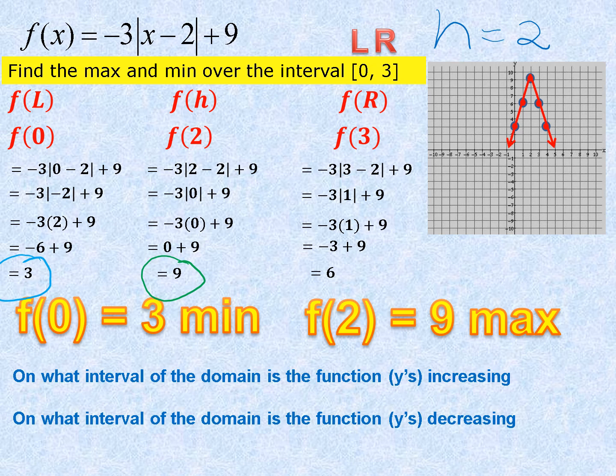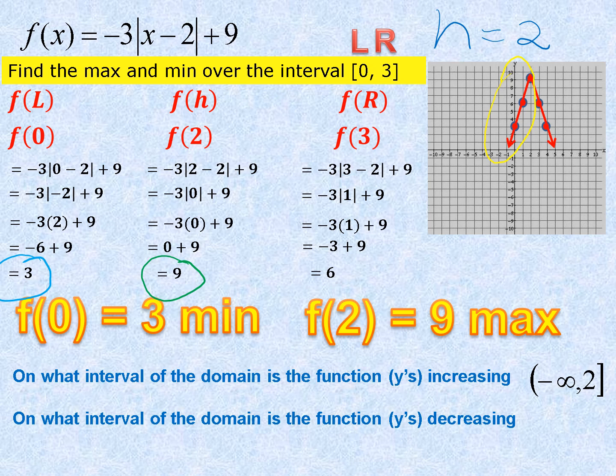So my y's are increasing from here to here. So that's going to be negative infinity to 2. And remember, it's asking for the interval of the domain. So over what set of x values are your y's getting bigger? So they are getting bigger from negative infinity to positive 2.